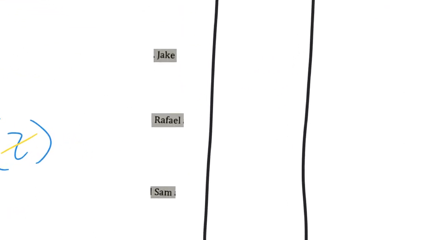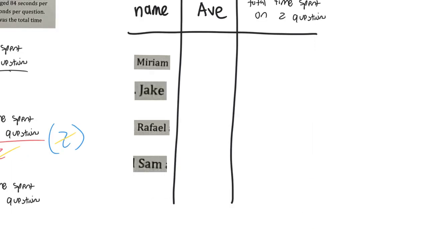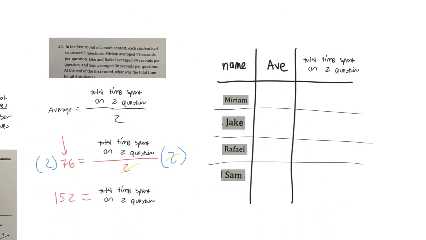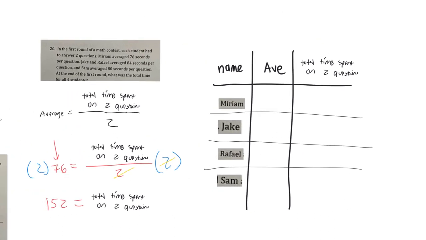Let's make this a little bigger. So these are the people, right? And the problem gives us the averages, right? According to the problem, Miriam averaged 76 seconds per question. Jake averaged 84, same with Raphael, and Sam averaged 80.